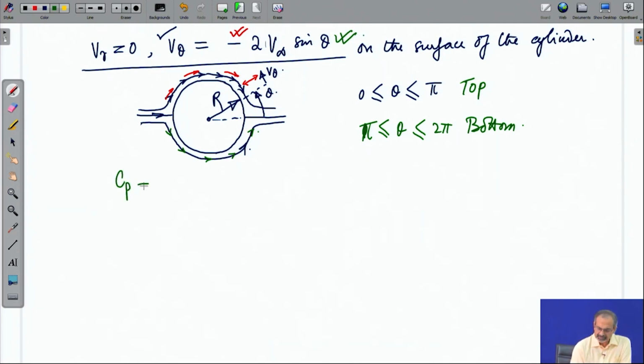From there we get C p in the form of 1 minus V by V infinity squared, which is 1 minus 4 sine square theta. Now, what does this indicate?